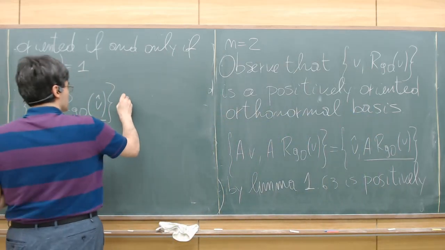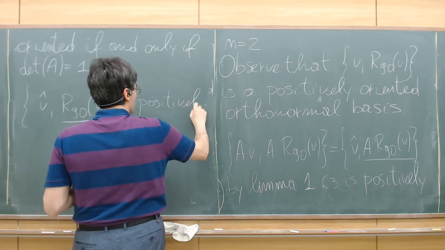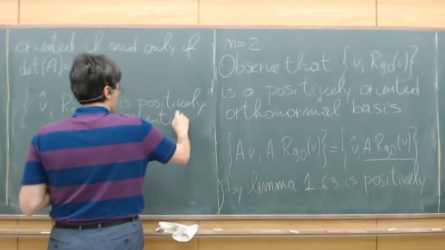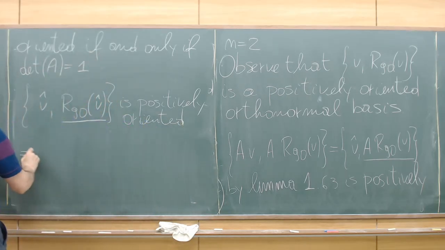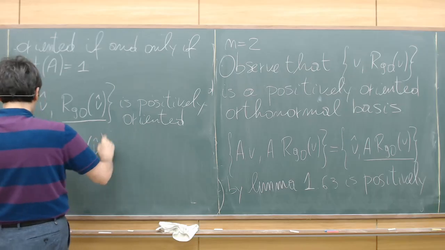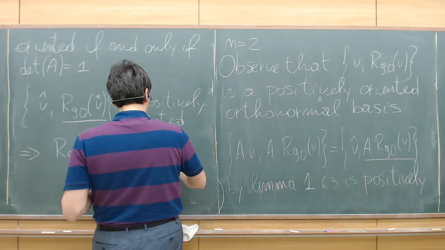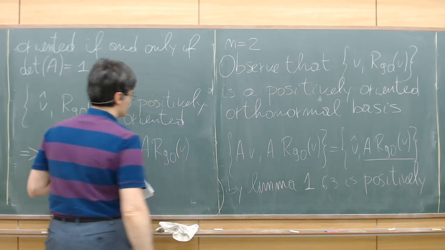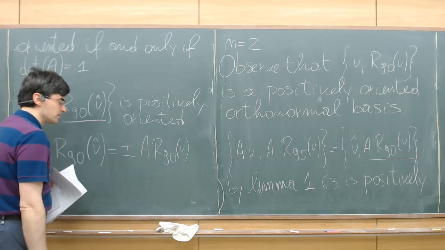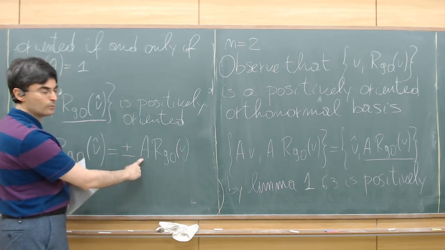So this one is positively oriented. So this implies that R90 V hat is equal to A R90 V if the determinant of A is 1, and we have to put a minus sign in case the determinant of A is equal to -1.